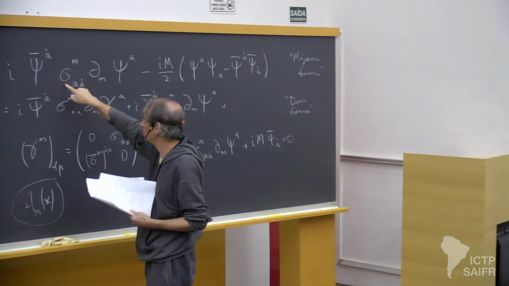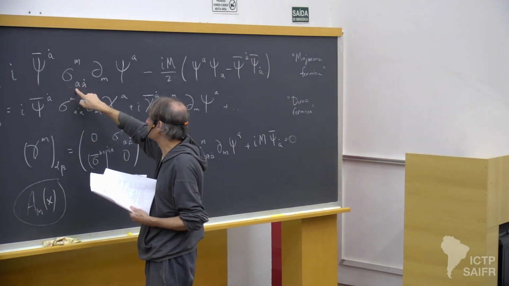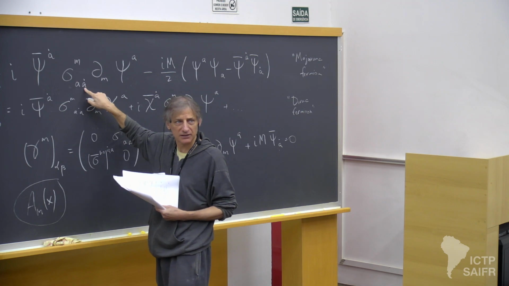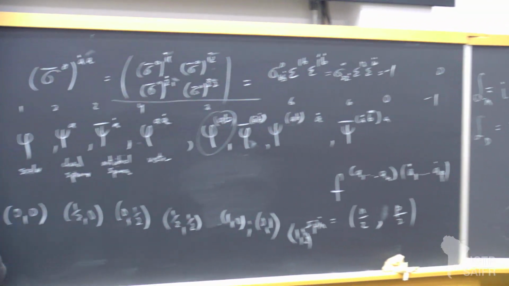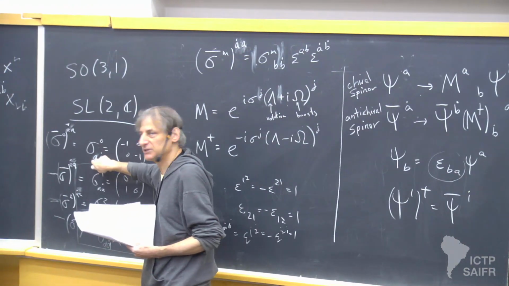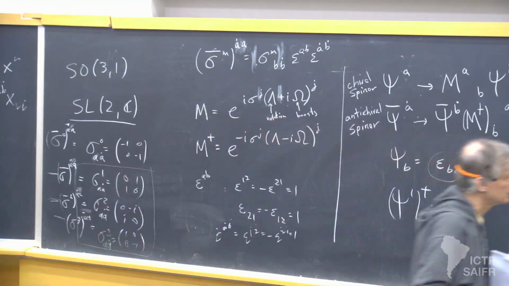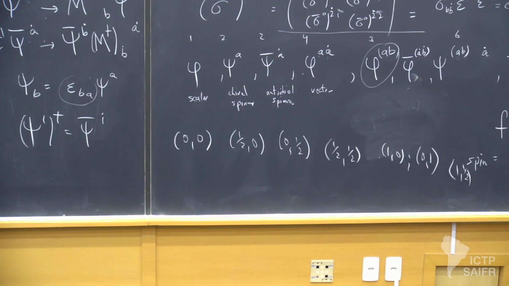Why did I put the A before the A dot? Is that the question? That's just a convention, but I'm just defining my matrix so that the first index is always undotted and the second index is dotted. I could have written this in a different way, which probably would have made you happier. If I switch the order of these, and these are fermions, right?